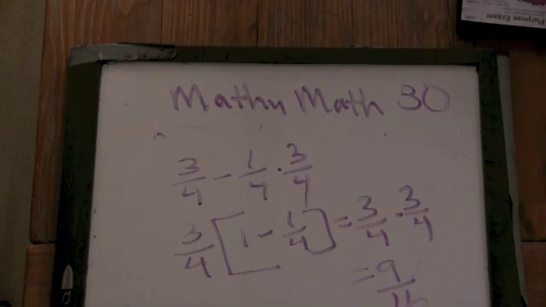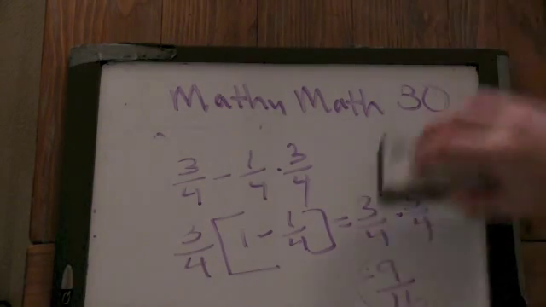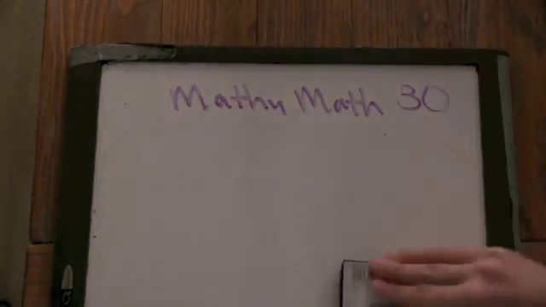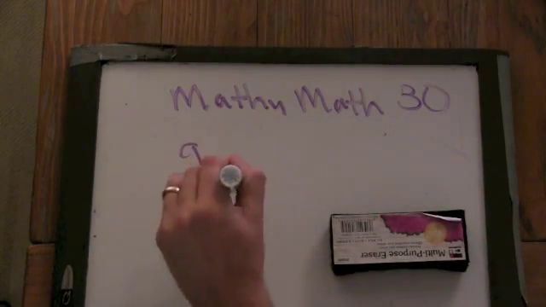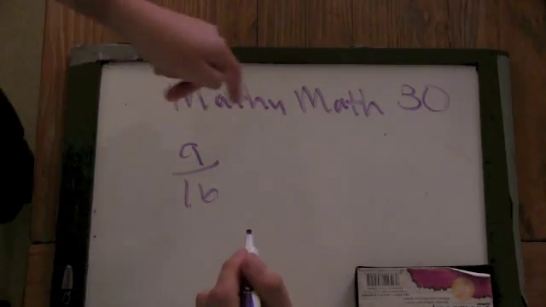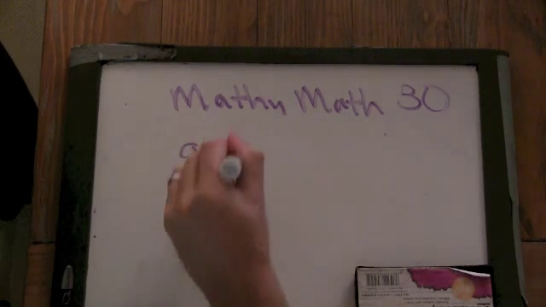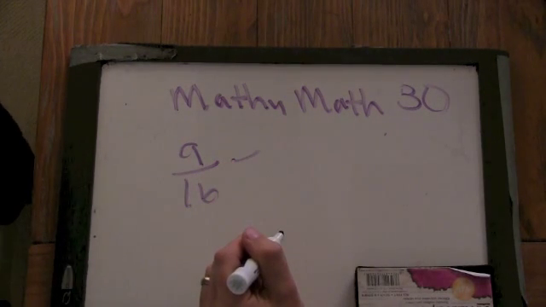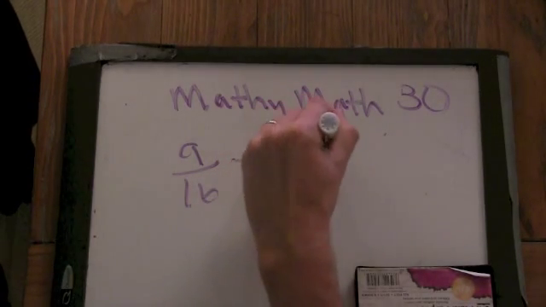Okay. And what happens the next step? This is after step 2. Then the same process repeats. Okay, what happens? So you'd have 9/16 minus 1/4 of 9/16.